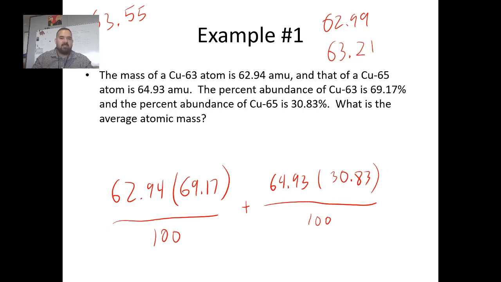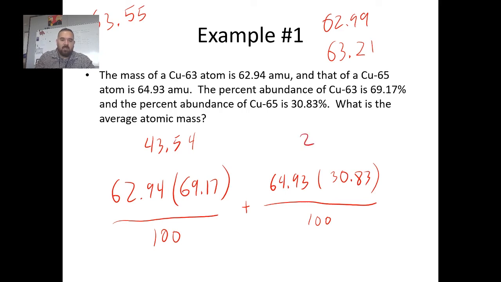All right, so I'm gonna plug this into my calculator. So 62.94 times 69.17 divided by 100. This gave me 43.54, this should be a 4, my bad. And then 64.93 times 30.83 divided by 100.